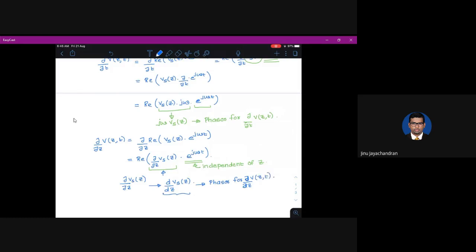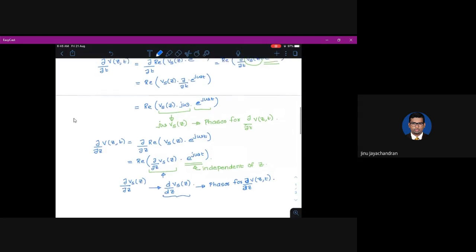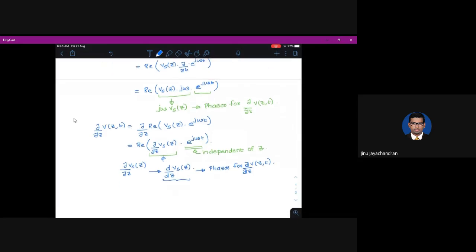Okay, so let us substitute this. And also now Vs of Z, we know that it is depending on Z because it is varying in Z. So whenever I write, I just write Vs, that's all.